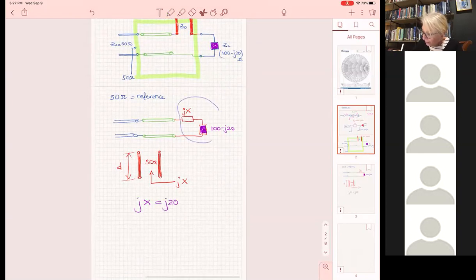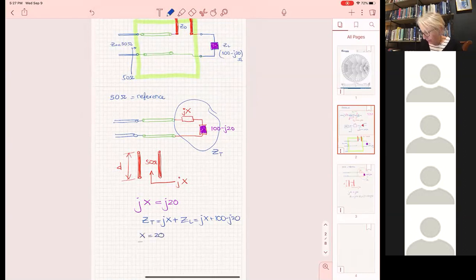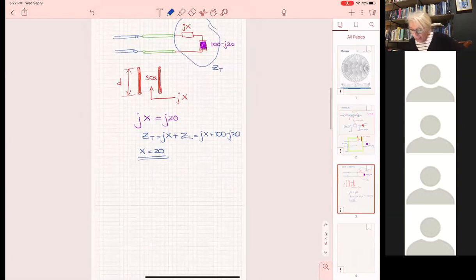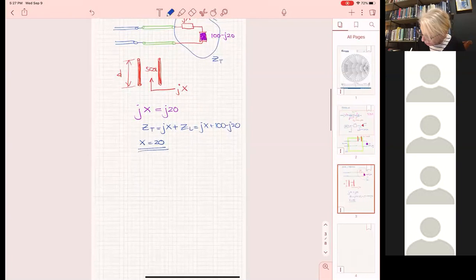Because if I sum the two here, and I call this Z sub T total, then Z sub T is going to be JX plus Z sub L, which is JX plus 100 minus J20, and therefore X is going to be 20. Okay, now let's try to work on this. In fact, JX is 20 ohms.